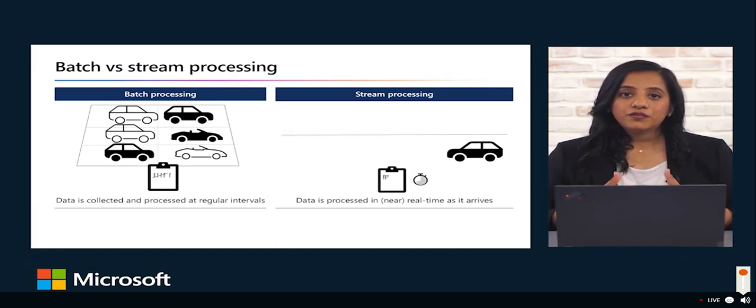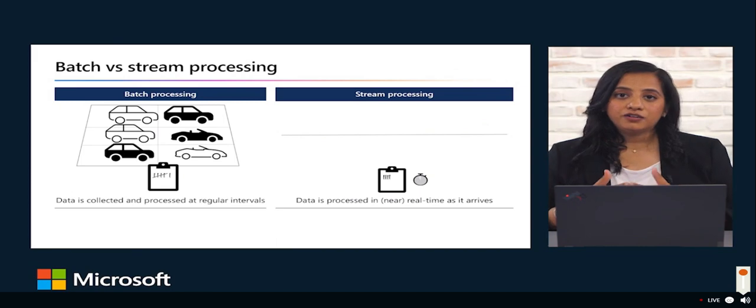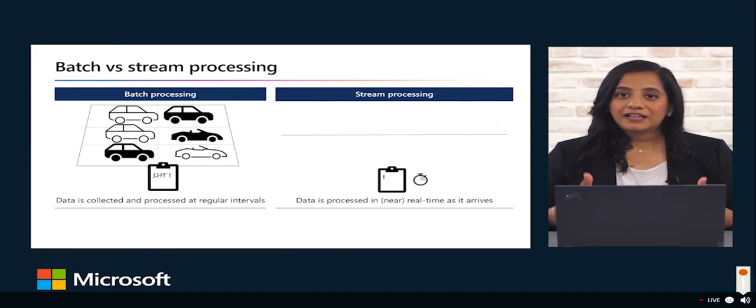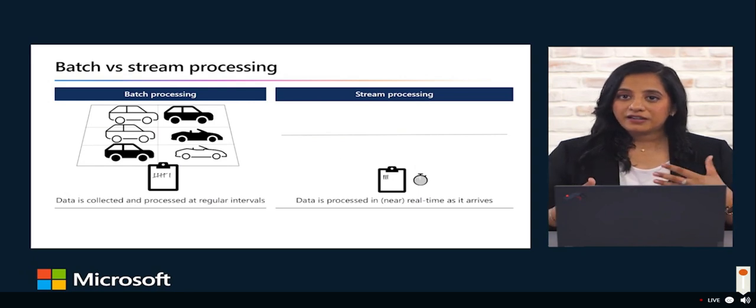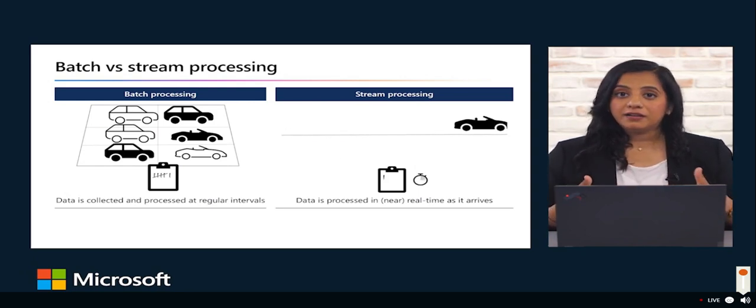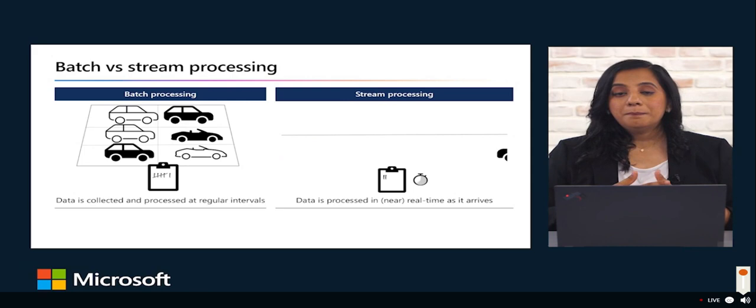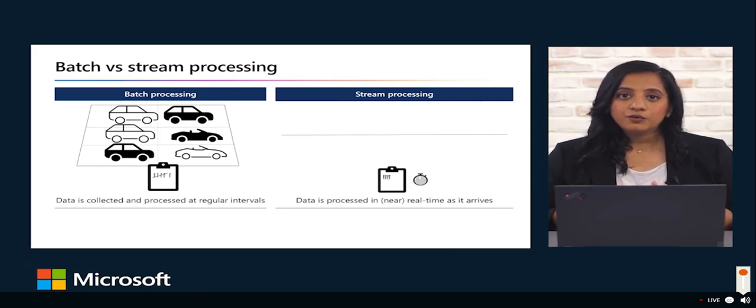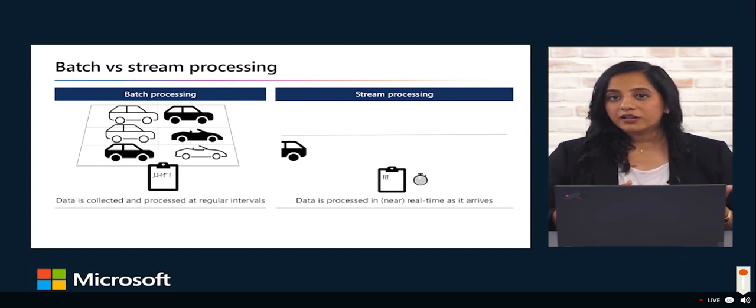Stream processing is used for simple response functions, aggregates, or calculations such as rolling averages. These were some of the differences, but you can also combine batch and stream processing. Many large-scale analytics solutions include a mix of batch and stream processing, enabling both historical and real-time data analysis.